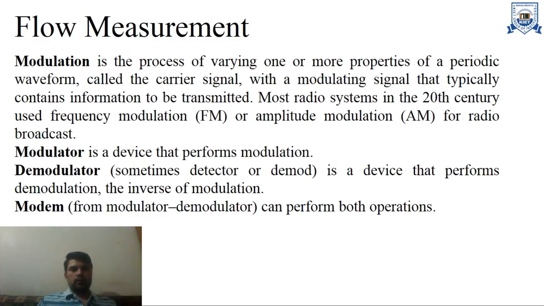Most radio systems in the 20th century used frequency modulation and amplitude modulation for radio broadcasting. Modulation technique includes modulators and demodulators. A modulator is a device that performs modulation, and a demodulator is a device that performs demodulation. It is the inverse of modulation, also called a detector.